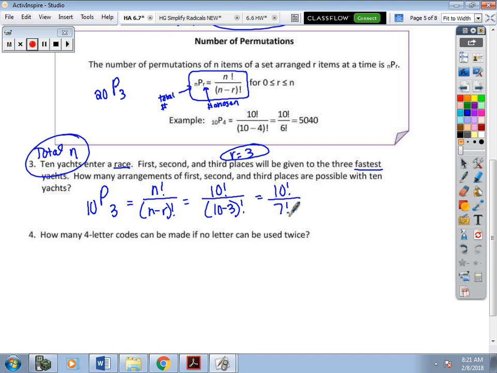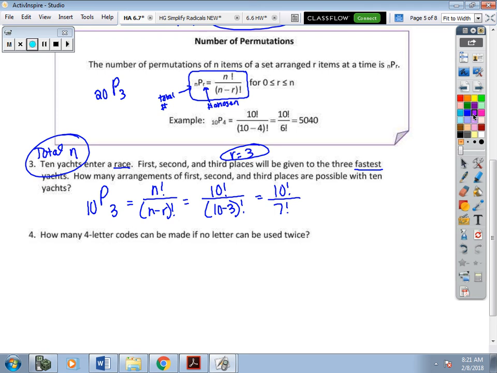Now, to save yourself some time, you can actually expand these. I think there is one either on your study guide or your homework, where if you type the top number in, say 700 factorial, your calculator will give you an error because it's such a big number, it won't actually perform it.